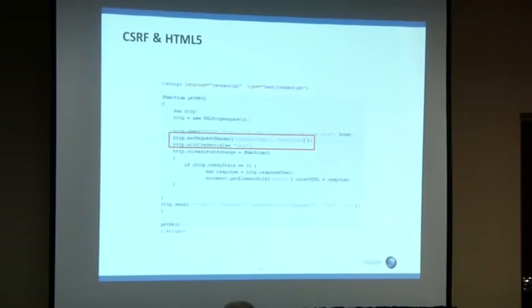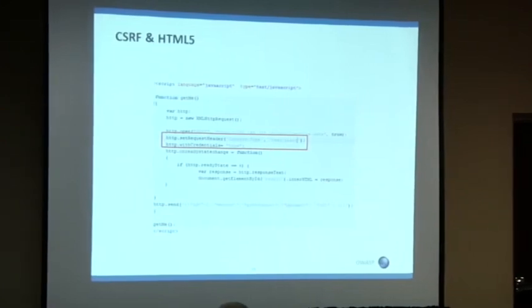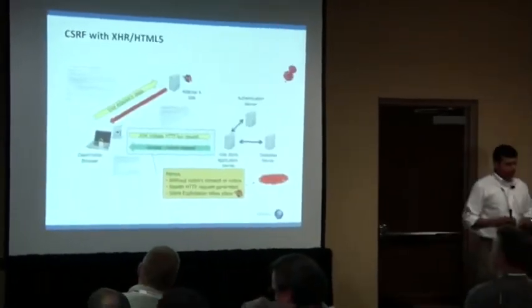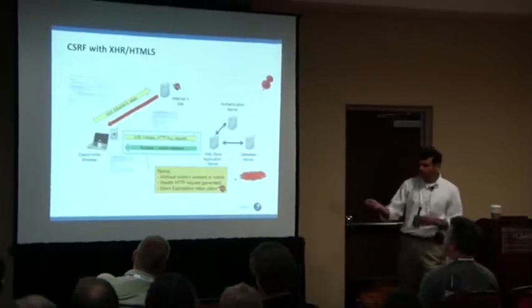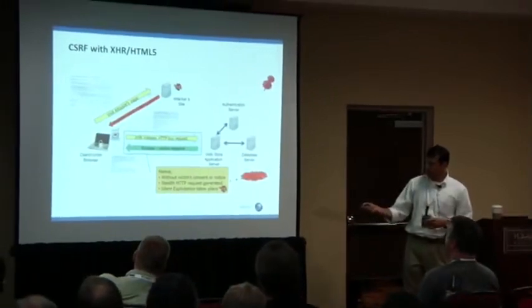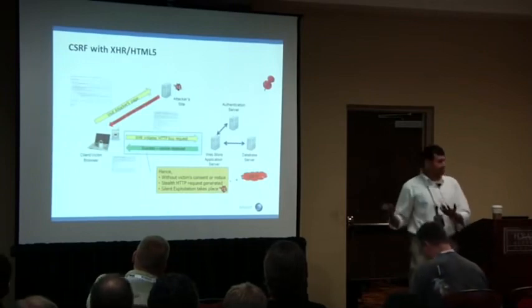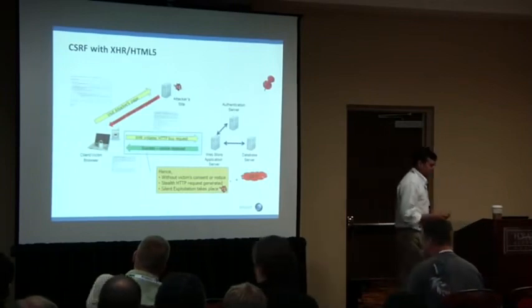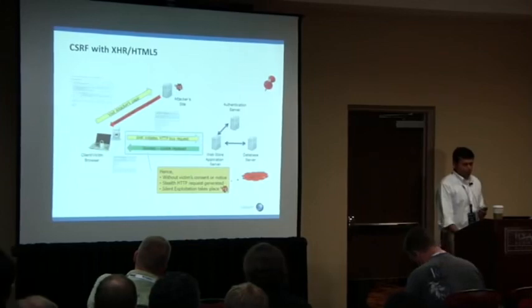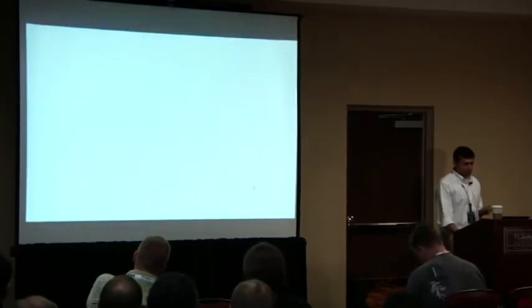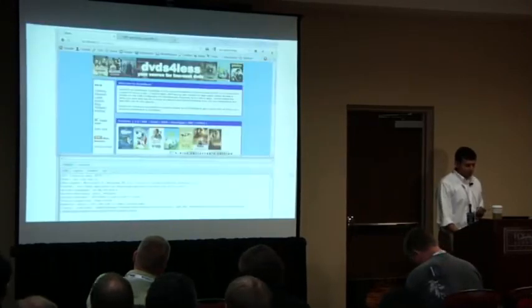We can send binary traffic, whatever we want to send. So this will actually open a connection to your web store here, and without the victim's consent or notice, a silent HTTP request is generated, silent exploitation will take place, and pretty much the attack vector will go through. So this is how it's possible to do a CSRF over here.